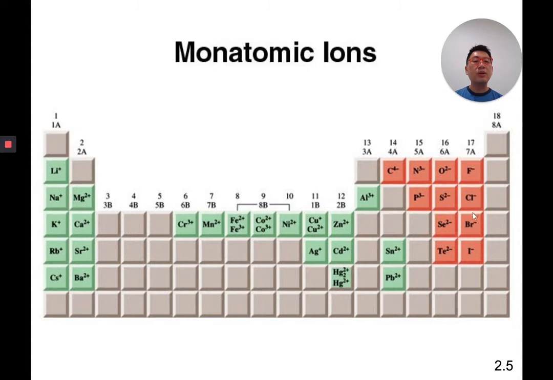Halogens, fluorine, chlorine, bromine, iodine. I'm losing it. I don't remember right now what the other one is. But halogens are -1 charge. The oxygen group overall is -2 charge: oxygen, sulfur, selenium, tellurium, whatever is underneath.